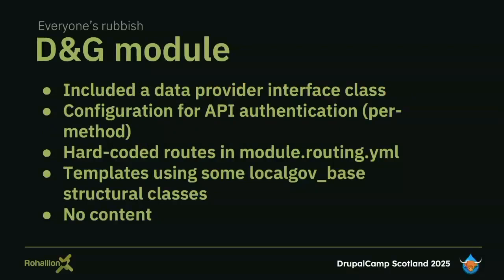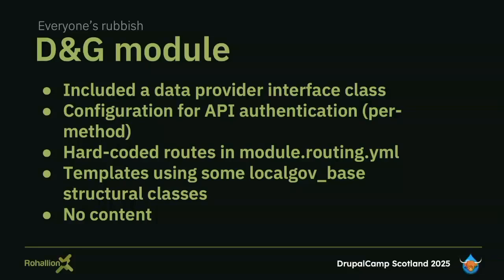So a quick technical overview of the module, focusing on the data provider interface class. So I made some reasonable decisions, obvious but reasonable decisions when building this module. The only configuration was for the API authentication. So this was very specific for Dumfries and Galloway. So all the stuff you saw, like the sample postcode, the time, the routes, they're all hard-coded.